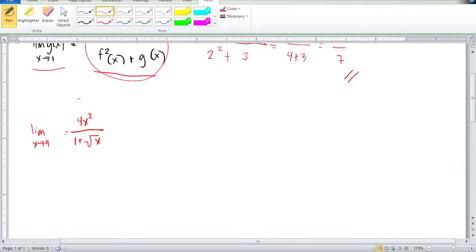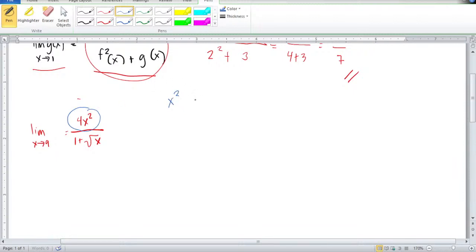Okay. So now, like we have said before, we perform the operation. We have to evaluate first the limits of each. So let us first evaluate the limit of x squared. Because class, as you can see here, we have 4x squared, which is a product, or the x squared itself.